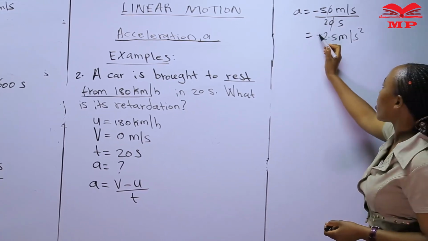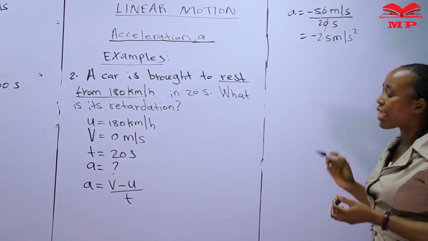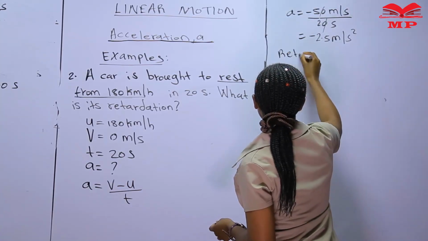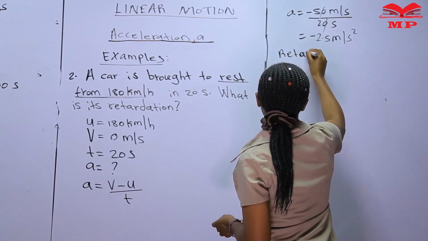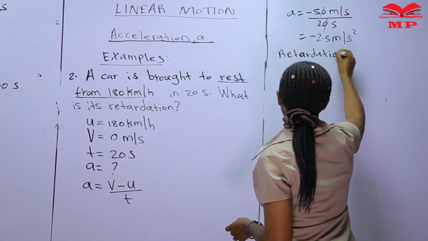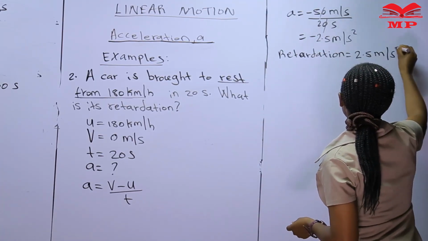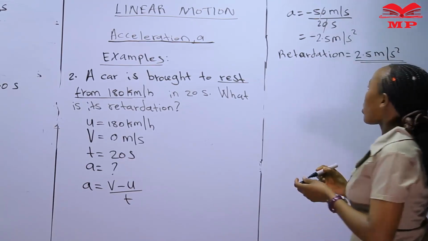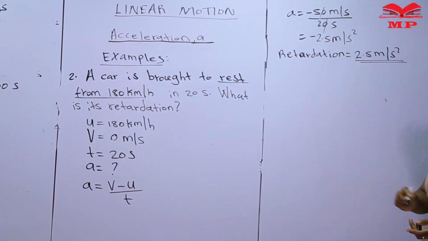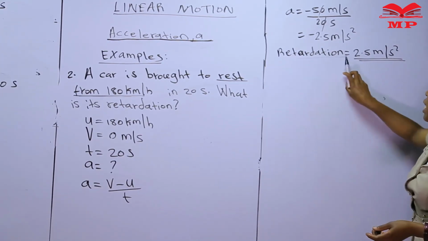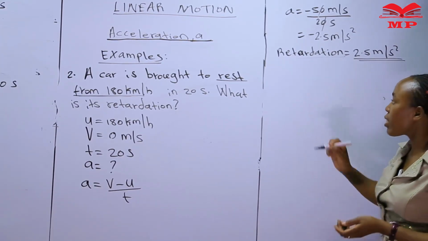And this negative is representing the retardation. And therefore, our retardation will be equal to 2.5 meters per square second. So that gives us the retardation.